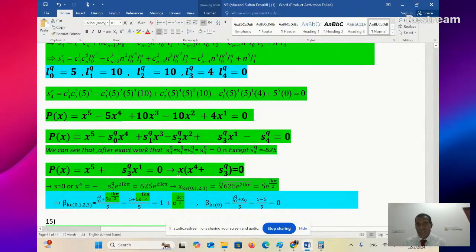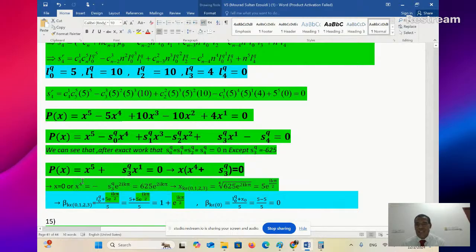Therefore, I will make x a common factor. x is going to be equal to 0. This is x equal to 0, or x raised to the power 4 equal negative S3 of 42 exponential 2ik pi. The S3 in fact is negative 625. So when transferred to the right hand side it will be positive, 625 exponential 2ik pi.